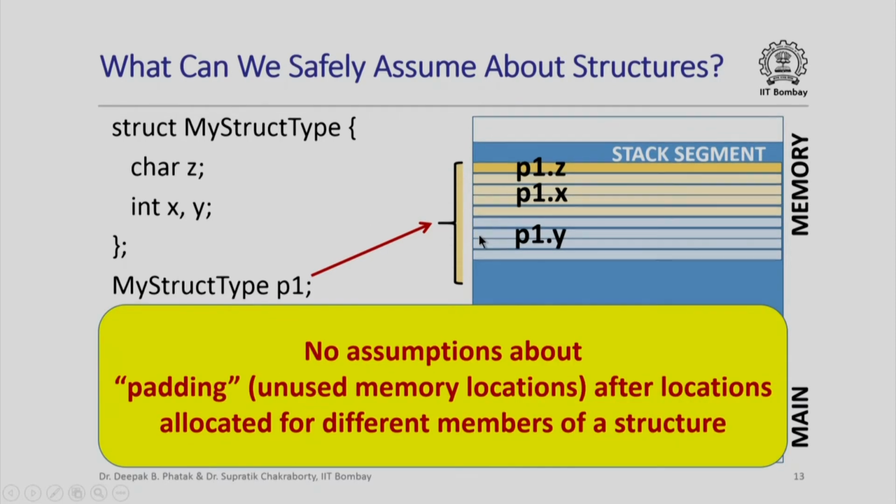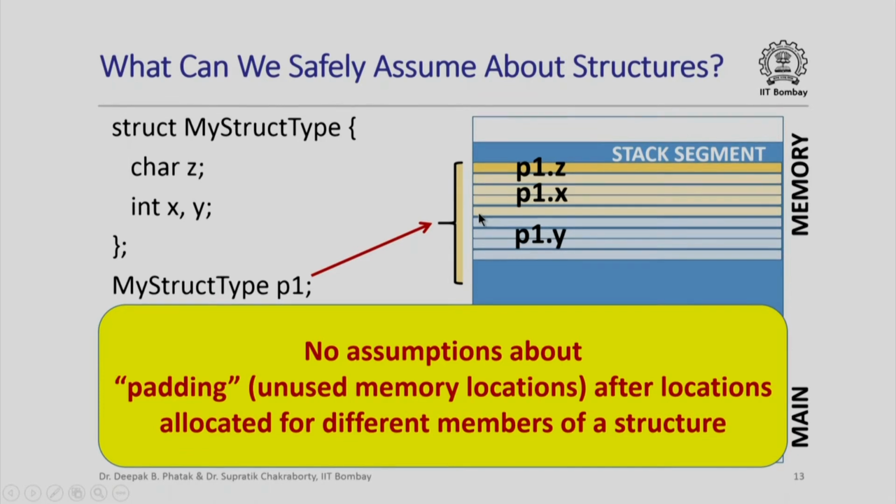We are also not going to make any assumptions about whether there are paddings or gaps or unused memory locations after the locations allocated for different members of a structure. For example, we will not assume that there is no gap or unused memory location between the location allocated for P1.z and the first location allocated for P1.x.